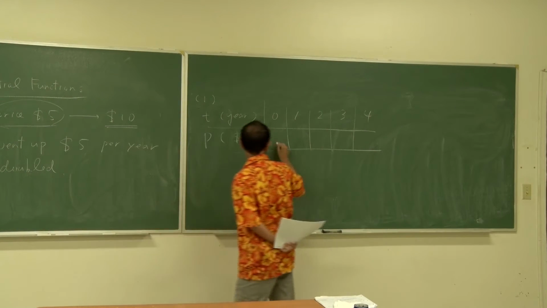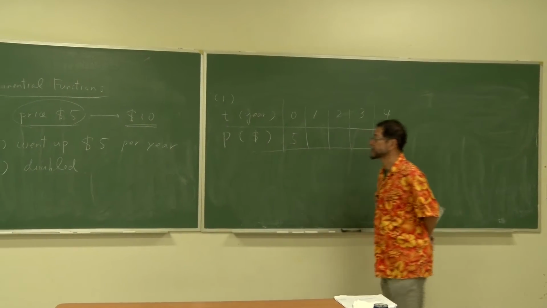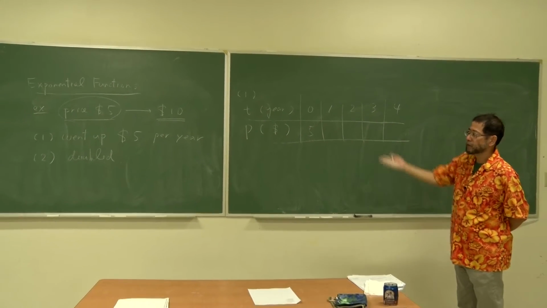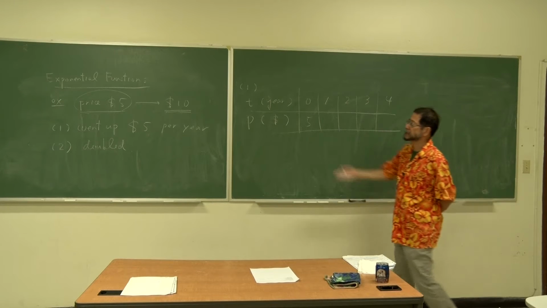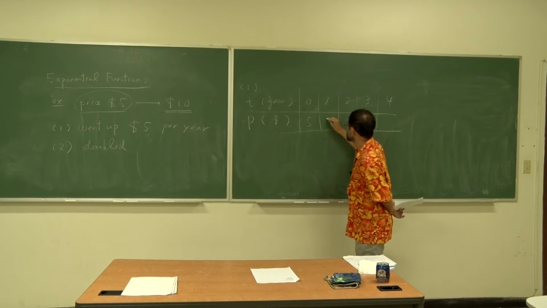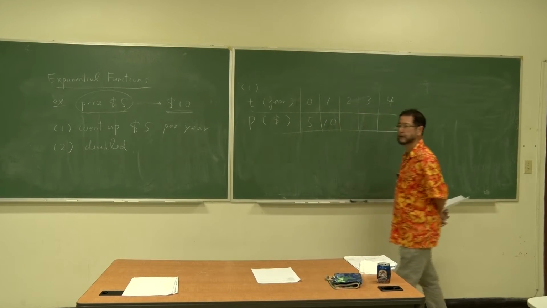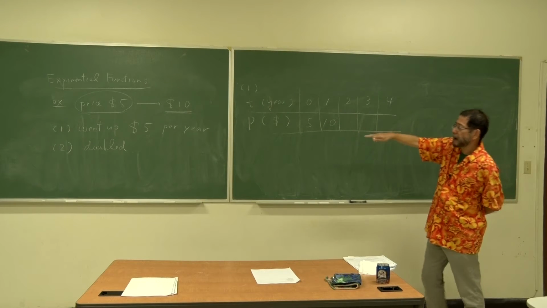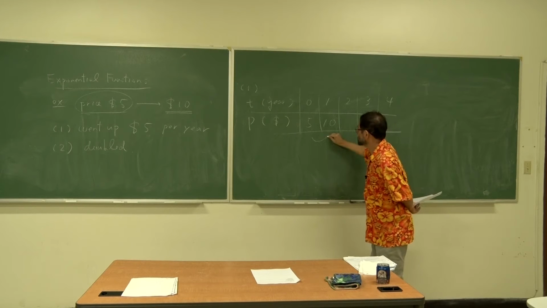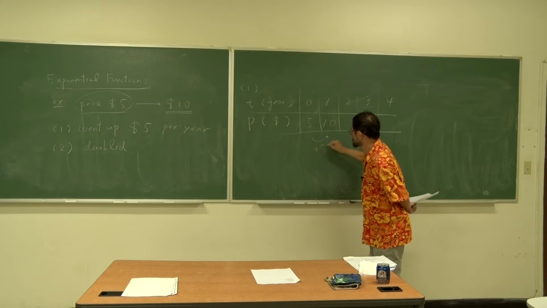So that corresponds to T equal to 0. So when time is 0, price is 5. And then the next year, the price went up to 10. Now the first way I build this is the price goes up $5 every year.